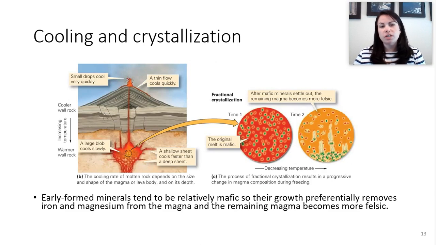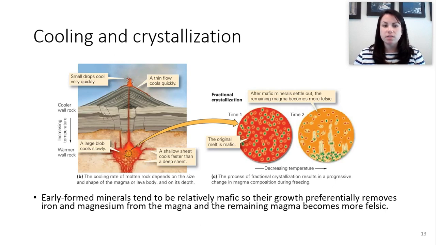So there's a correlation in trying to understand how quickly something cooled, and we can see that through the presence of crystals. Early formed minerals tend to be relatively mafic, so their growth preferentially removes iron and magnesium from the magma, and the remaining magma becomes more felsic. These are all words that we're going to go over as we characterize igneous rocks.